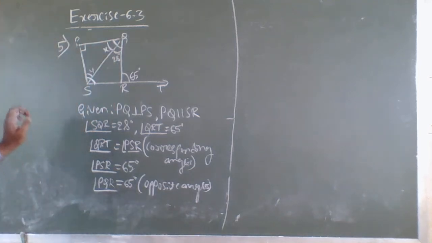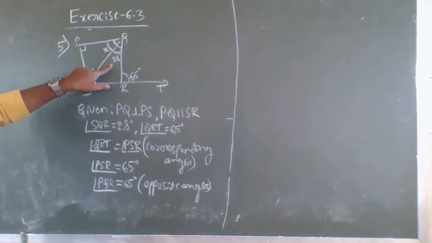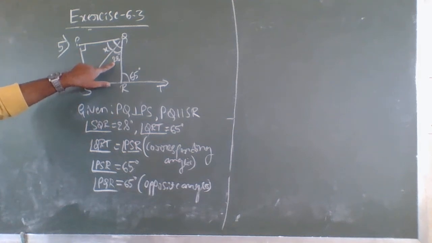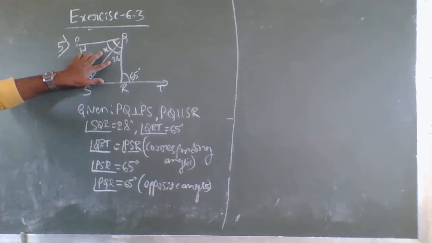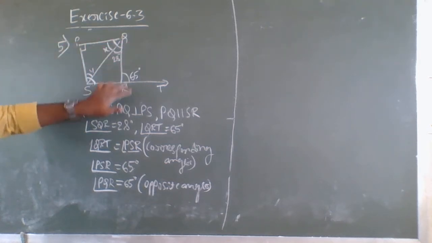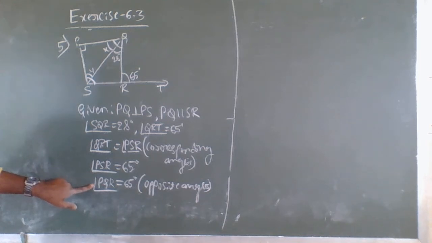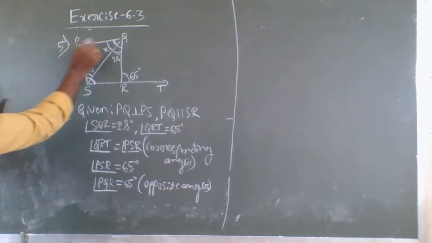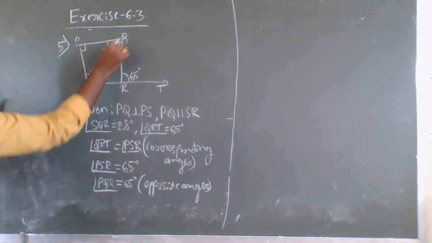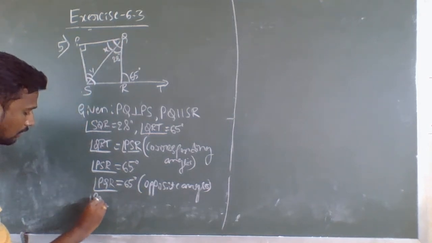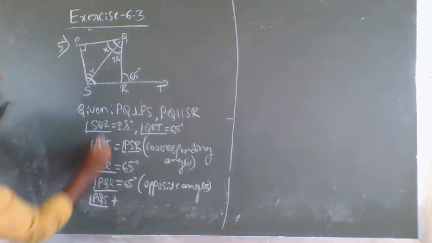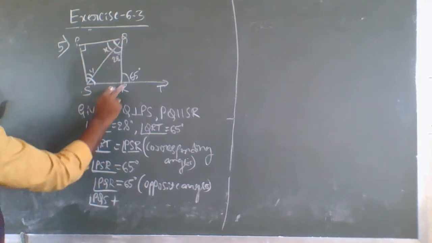And now they have given this as 28 degrees and this is x. The sum of these two angles is angle PQR. Angle PQR means angle PQS plus angle SQR.